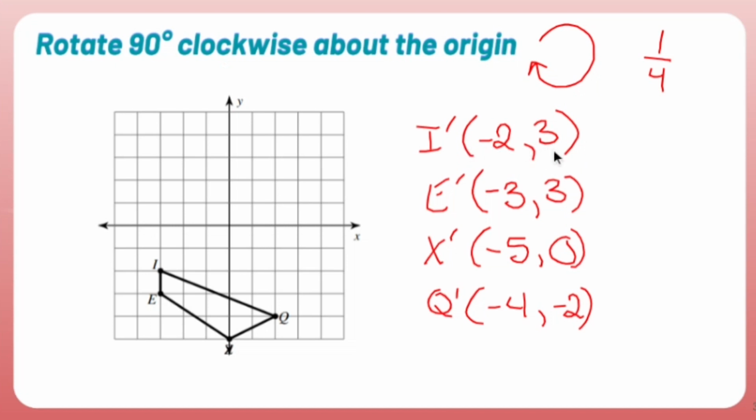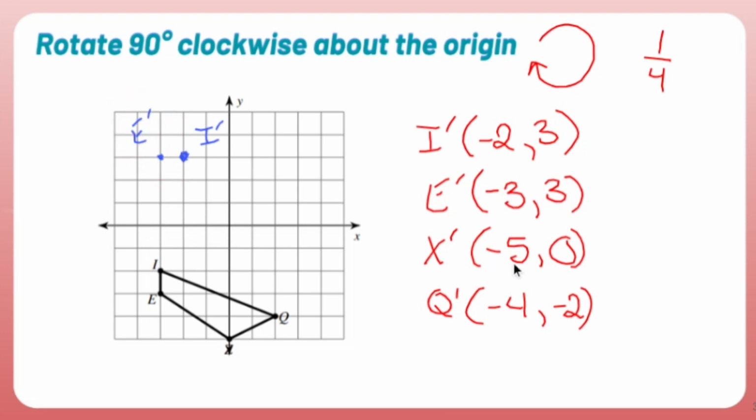I was -2, 3. So I prime is going to be left 1, 2, up 1, 2, 3, put a dot, call it I prime. E prime has you going left 3, up 3. So left 1, 2, 3, up 1, 2, 3. That's E prime.